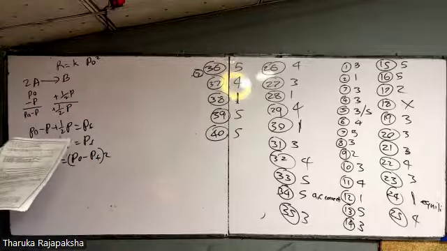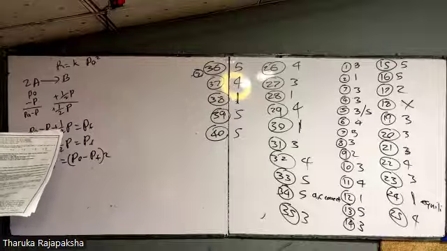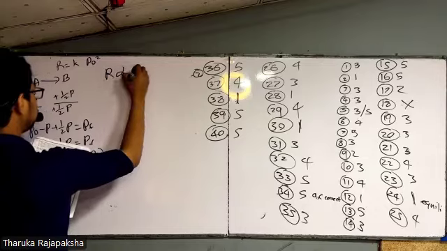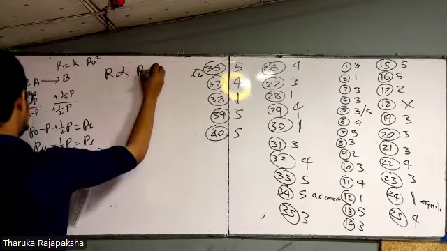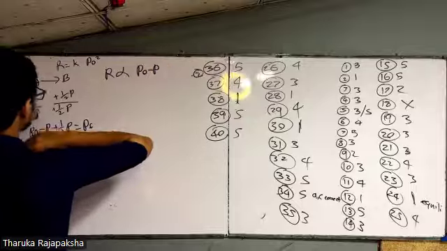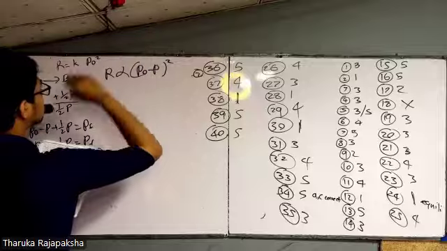Now you can write R is proportional to P naught minus P squared, right?